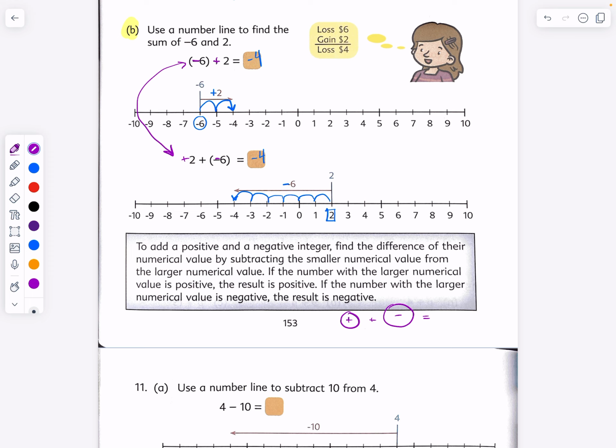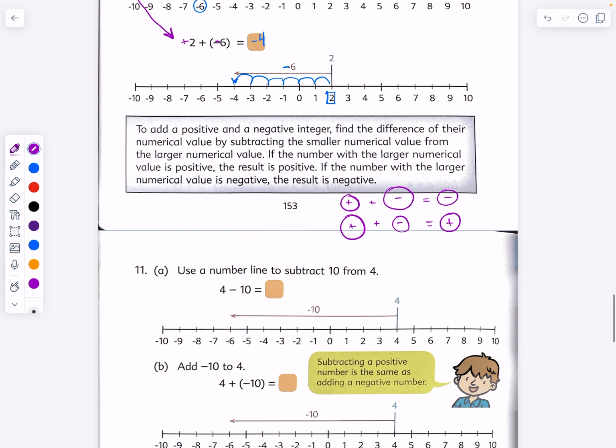And you adopt the sign of the number with the greater numerical value. So if the greater numerical value is negative, your sum will be negative. The signs are different, so step 1, subtract, and you adopt the sign of the greater numerical value.